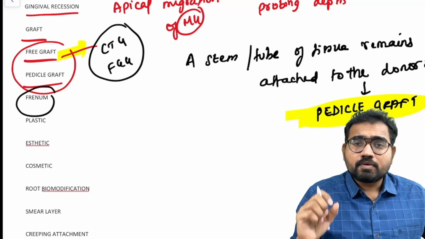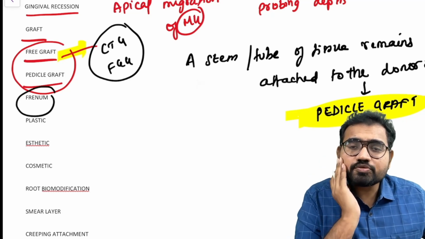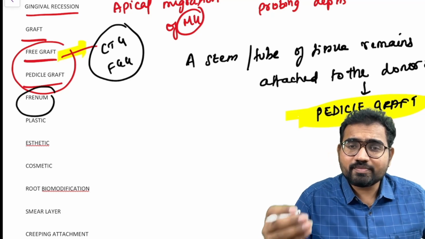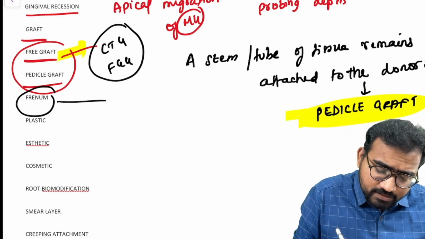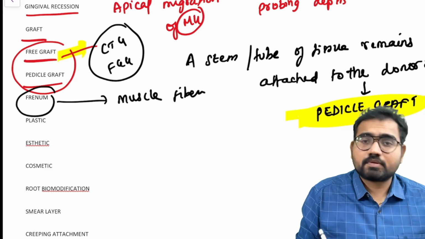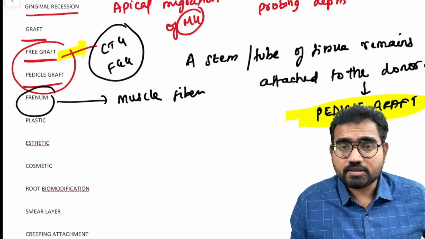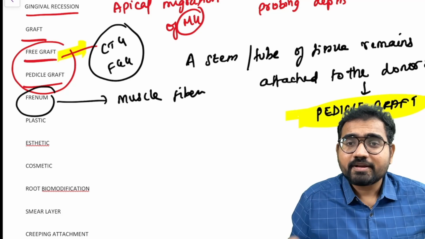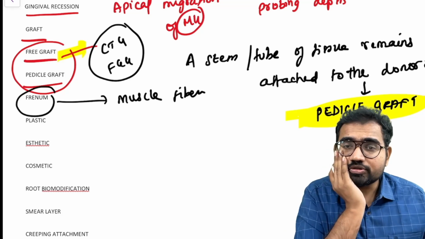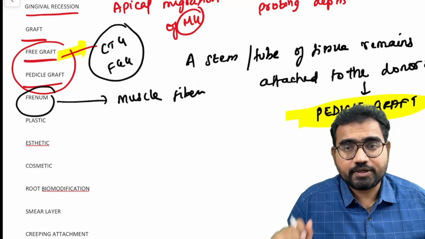It is a fold of mucous membrane which predominantly consists of muscle fibers. So what is the function of a frenum? A frenum helps to attach the alveolar mucosa and cheeks to the gingiva and the periosteum.